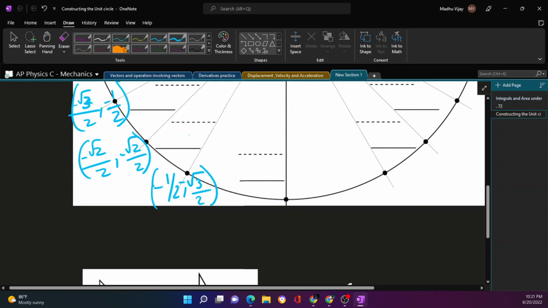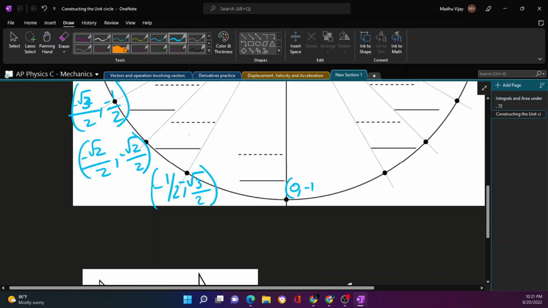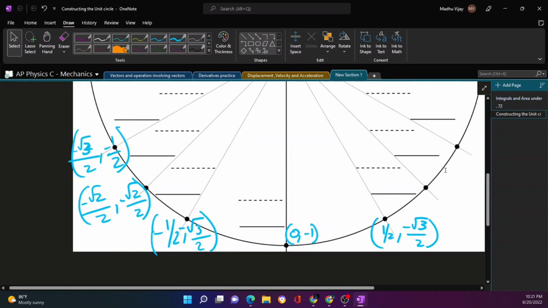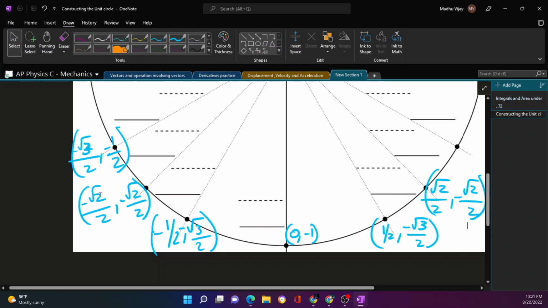And of course this point's going to be 0 comma negative 1. This is going to be 1/2 comma negative square root of 3 over 2. This is going to be square root of 2 over 2 comma negative square root of 2 over 2. Again, I'm just mirroring the points from this side onto this side.